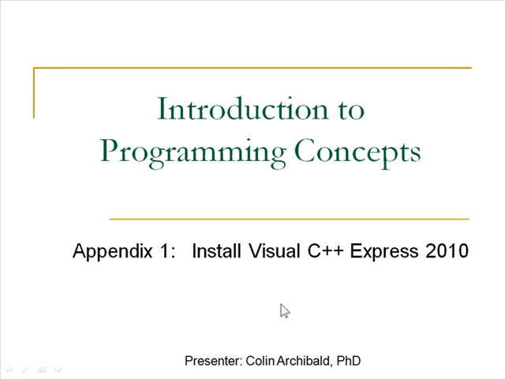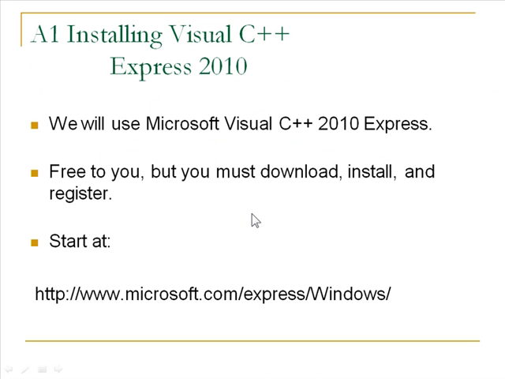Okay, so in this appendix, what we're going to do is I'm going to show you how to go and get Visual C++ Express Edition, and the current version of that is 2010. So you could use the Professional Edition, but it takes a long time to download and install, and you have to either pay for it, which you don't want to do, or figure out how to register it using the MSDN.